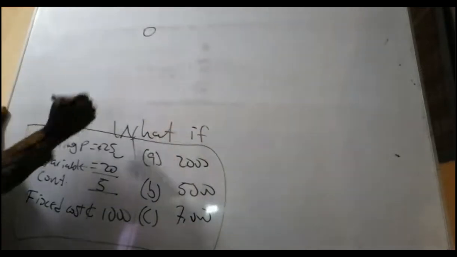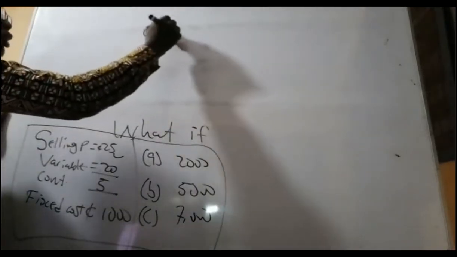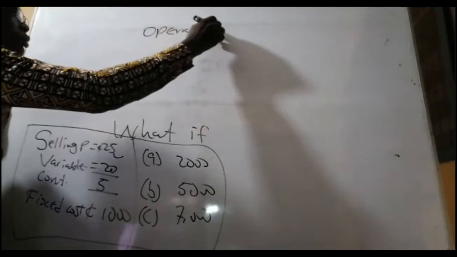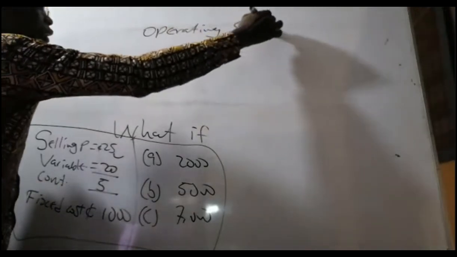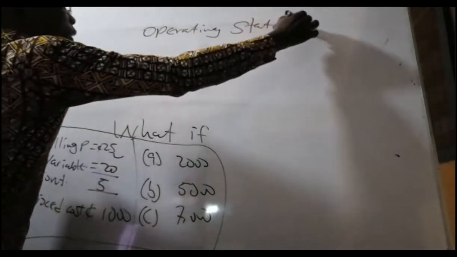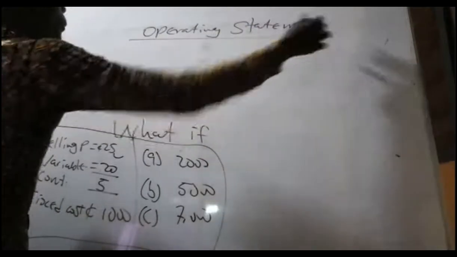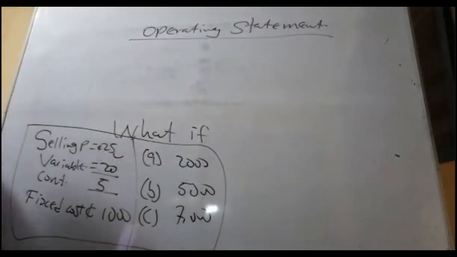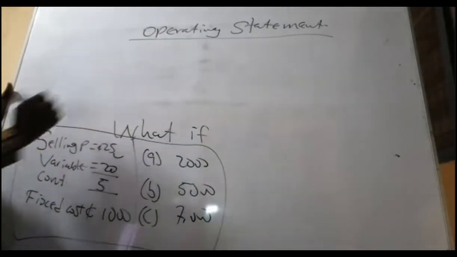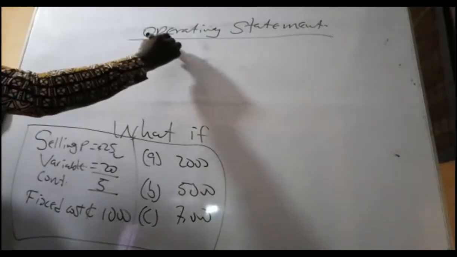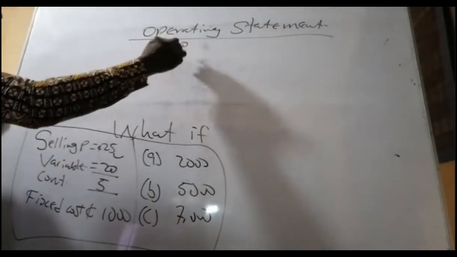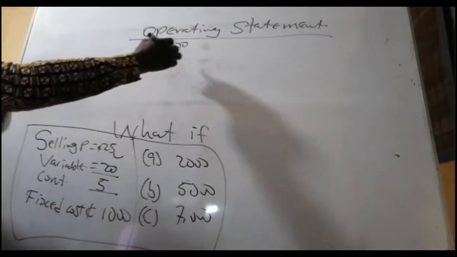So operating statement, which is the same as what? Profit statement. How do you prepare a profit income statement? And for break-even, I want the heading to be like this. Here, when they produce 2,000 units in column form, 2,000 units.